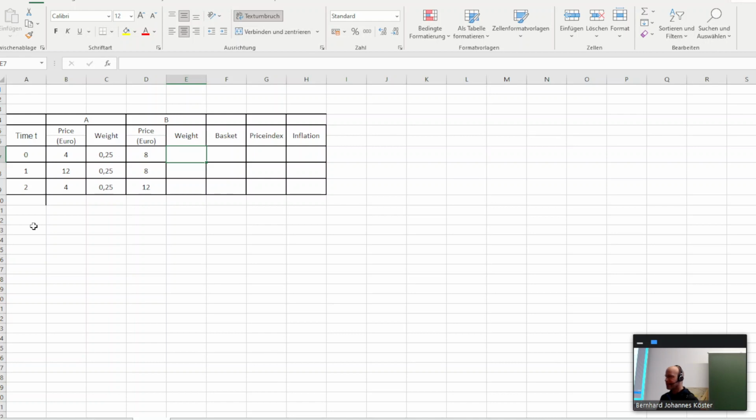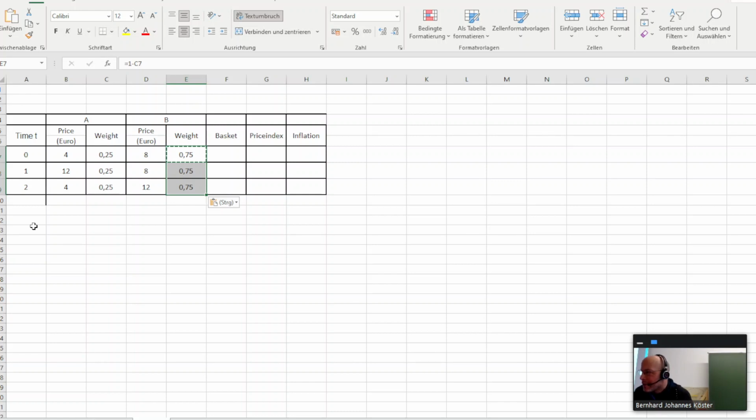With only two goods, it has to be 1 minus the weight of good A. Unfortunately, 10% of the students couldn't calculate this, and this was a pity because then the starting point is missing.